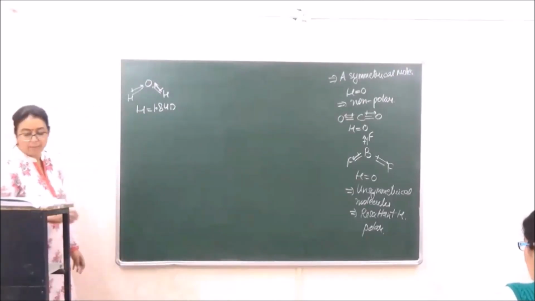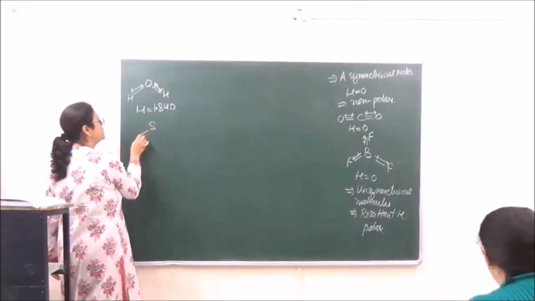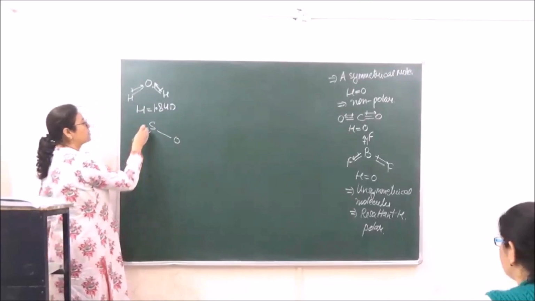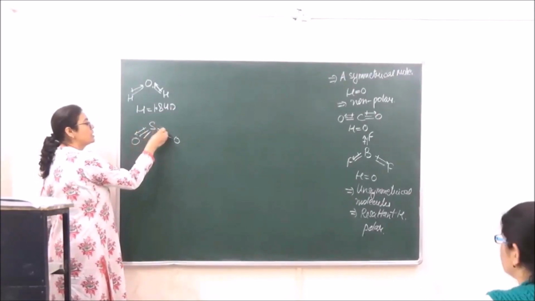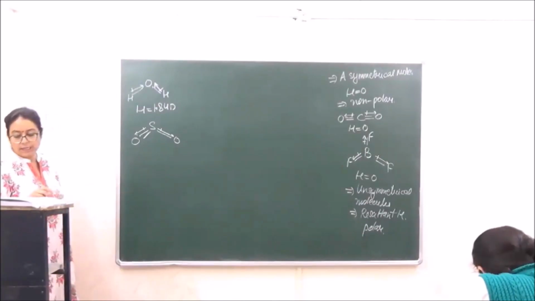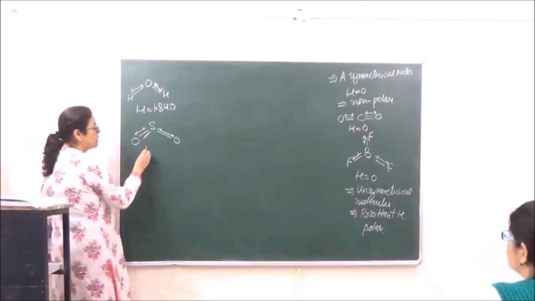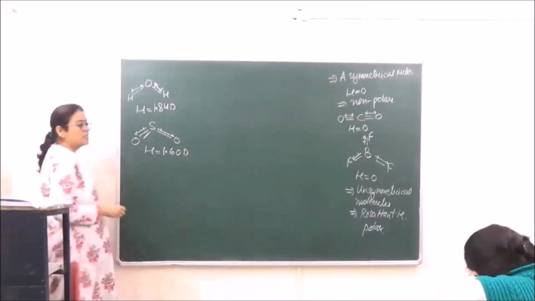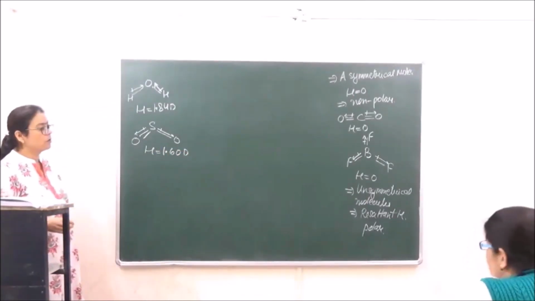Similarly, let's take the example of sulfur dioxide. This is the molecule of sulfur dioxide. Over here, oxygen is more electronegative. Okay, so in the same direction again, the value of mu for this molecule is equal to 1.60 Debye. So this is also a polar molecule.